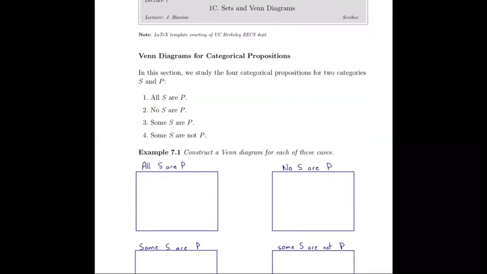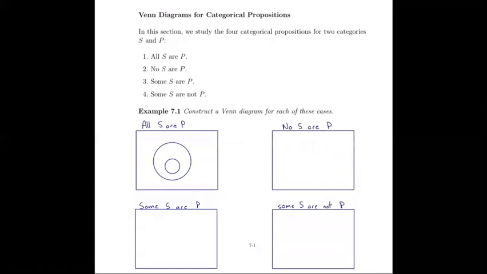So below, we're asked to construct a Venn diagram for each of these four cases. So in the top left, we have all S are P. So we'll represent sets by circles or oval drawings within this outer box. And so all S are P means that anything that is in the category S is also in the category P. So let's write this in so we have it labeled correctly.